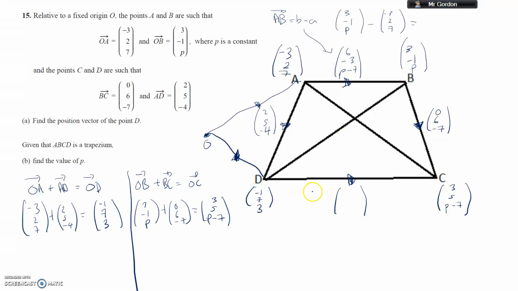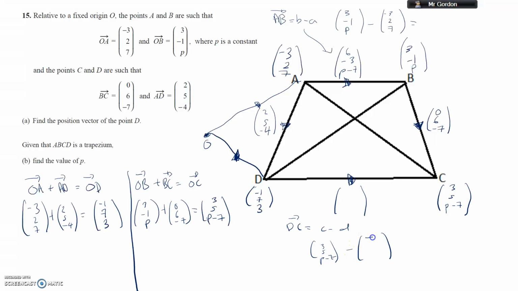Let's do the same for this down here. So if we want to go from D to C, we're going to use C minus D. So I'll write that underneath, C minus D. Put the answer in here. C is 3, 5, and then that's going to be awkward, P minus 7.